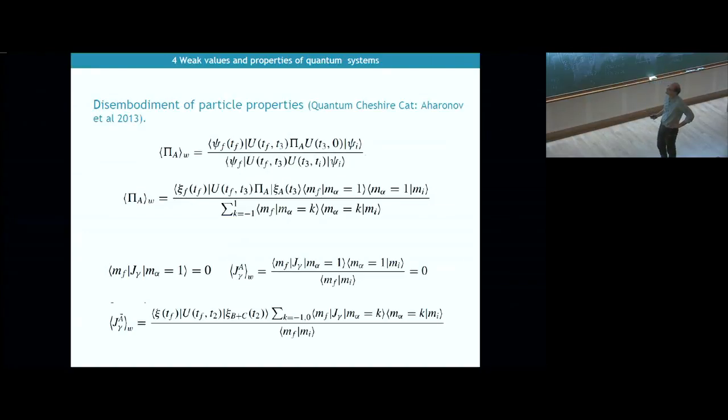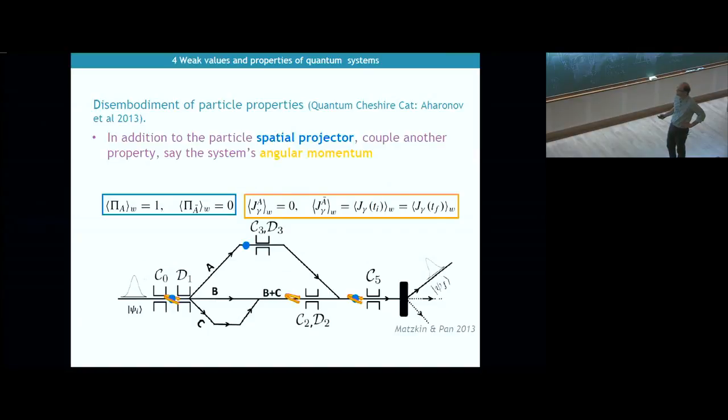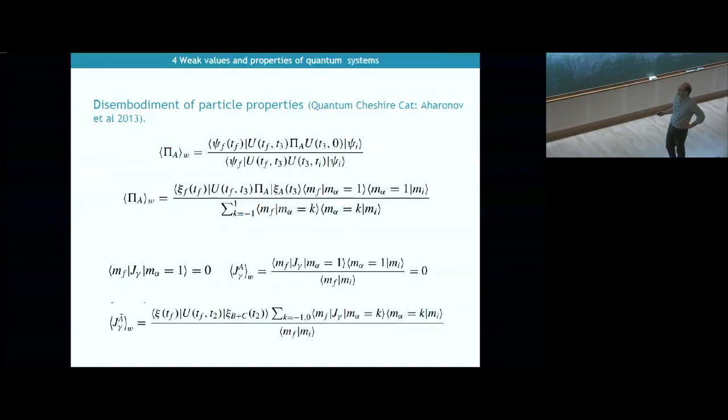So if you compute the weak value of the projector at point A, you just apply the formula as you are used to it. You start from the initial state. You have the system evolution up to time t3 where you will make your weak measurement. Here is the projector at point A. Then you keep on evolving from the time of the weak measurement up to the time of post-selection.